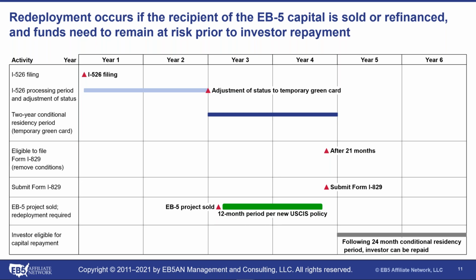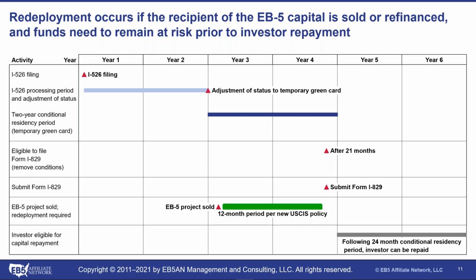Then let's say during that period, at the early onset of the 3rd year, skipping down towards the bottom, the project is sold. So let's say it was a hotel, it got built, was opening and operating, and then it got sold. Per the new USCIS rules, the capital needs to remain at risk, and there's a 12-month period during which that capital must be redeployed, with an asterisk from USCIS that says special circumstances may be considered to extend that period.